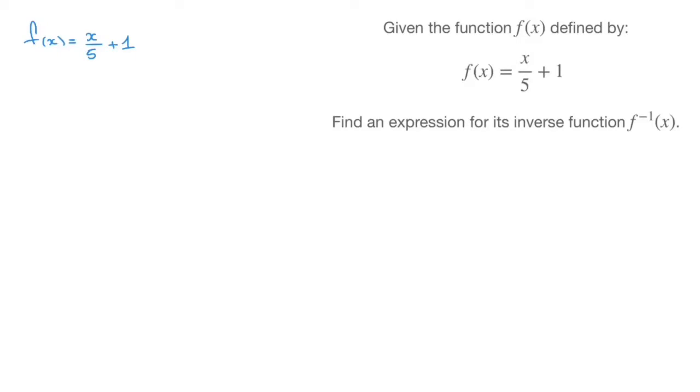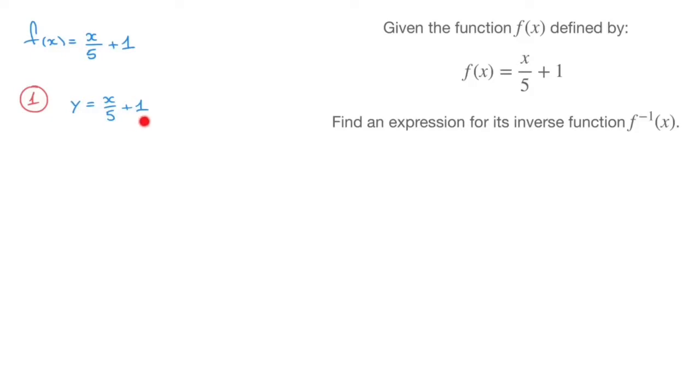And now to find the inverse function, we follow our two-step method. Remember, step 1, we need to rearrange the equation y equals x over 5 plus 1 to make x the subject.